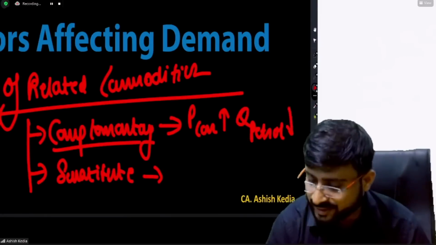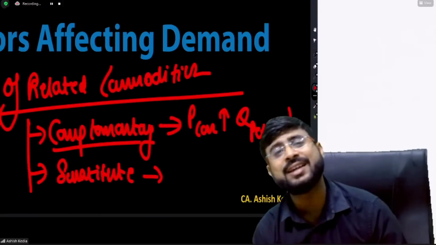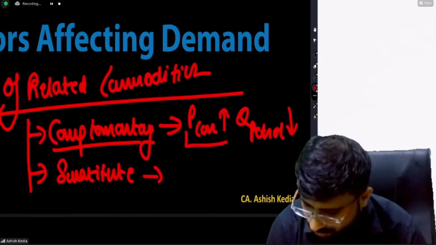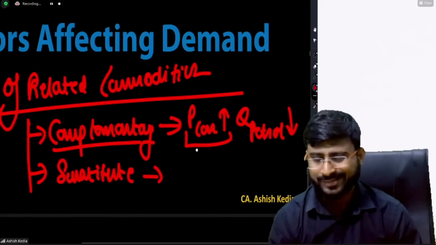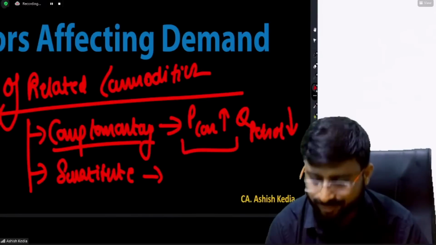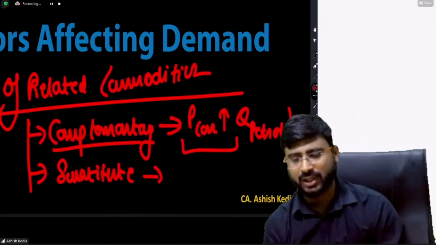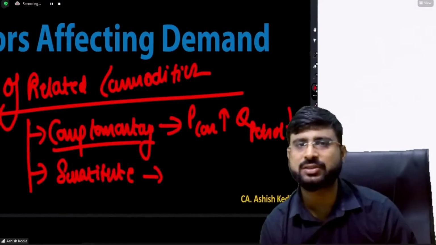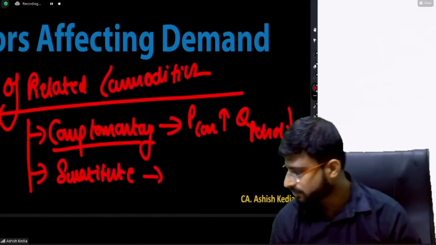So here also we see an inverse relationship. That is, when price of car is rising, quantity of petrol is falling. I hope it is crystal clear, everyone.